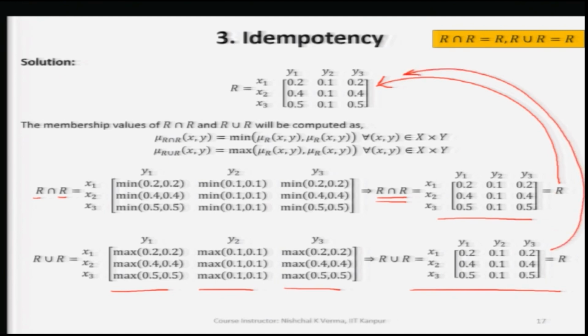This means that whether we take the union or the intersection of the set R with itself, if we take the union of R and R, we are going to get R, or when we take the intersection of R and R, we are going to get the same set. So, this way we can say that the idempotency property is satisfied for fuzzy relation sets.